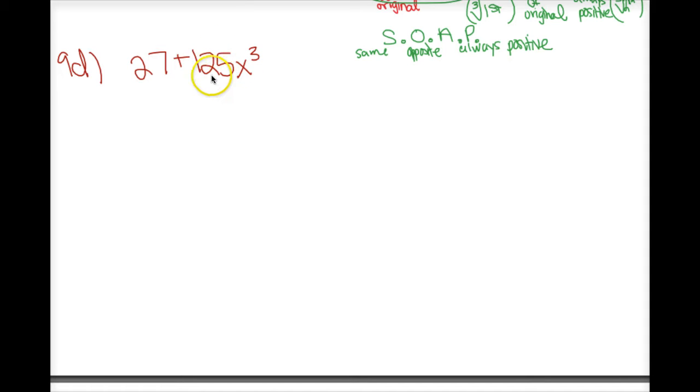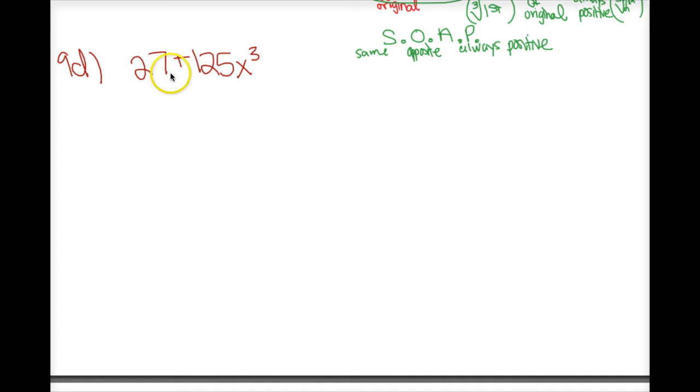I would check to make sure that 125 isn't divisible by 9 and 3, which it's not. So since there is no GCF, next I move on to special products. It can't be a difference of squares, because this isn't a minus. It can't be a PST because it doesn't have 3 terms. So I look to see if it could be a sum of cubes because this is addition.